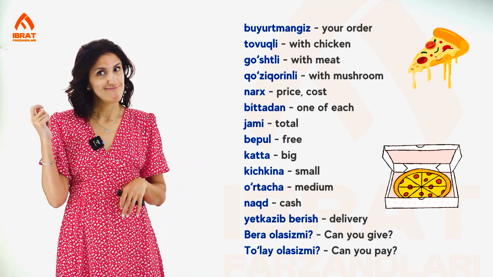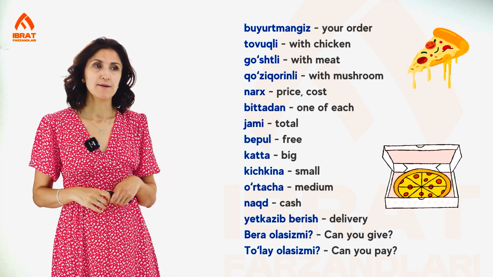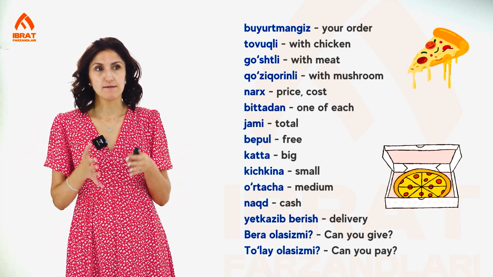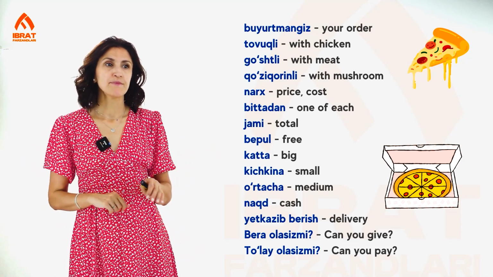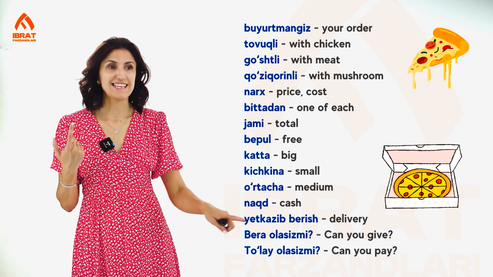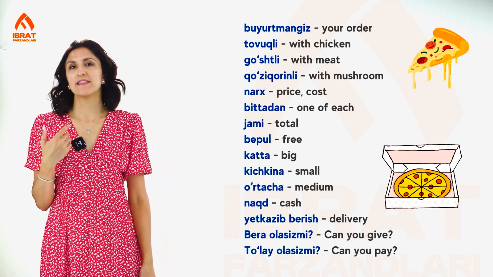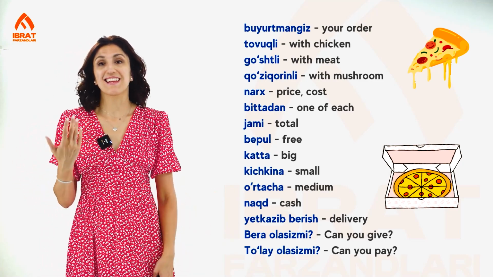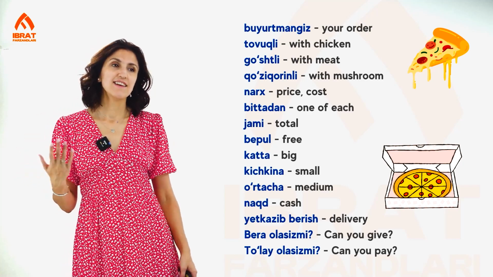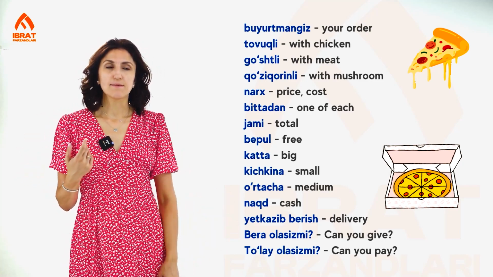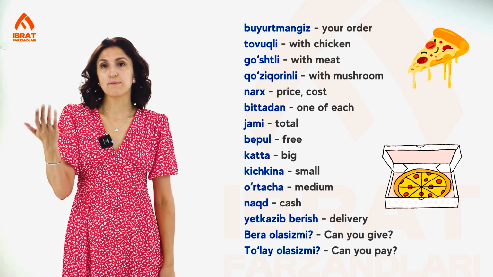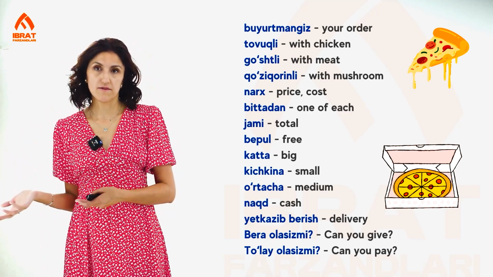Pul is money. Bepul is free. Katta, big. Kichkina, small. Ortacha, medium. Qo'ng'iroq, it's written with Q here, but this is not how we pronounce it. Yetkazib berish, delivery. Yetkazib berish xizmati, delivery service.